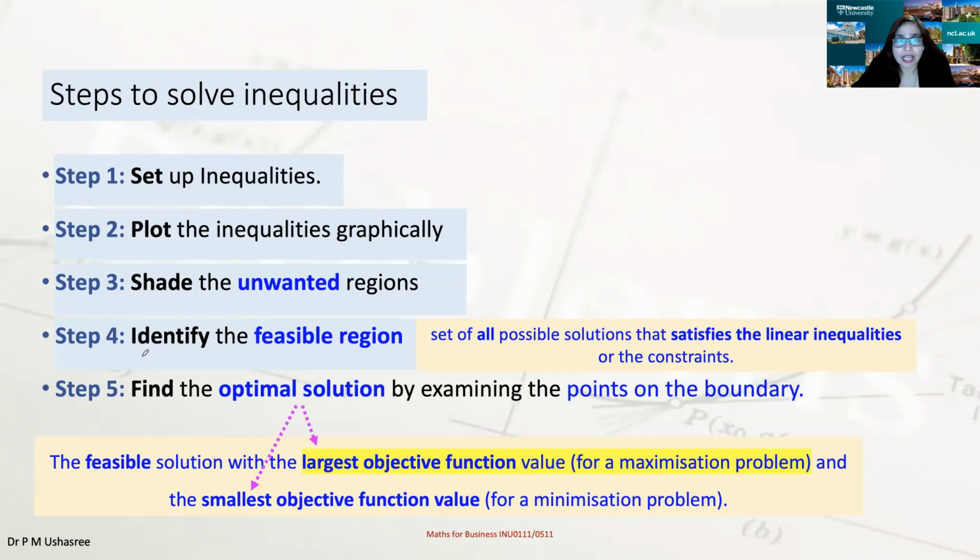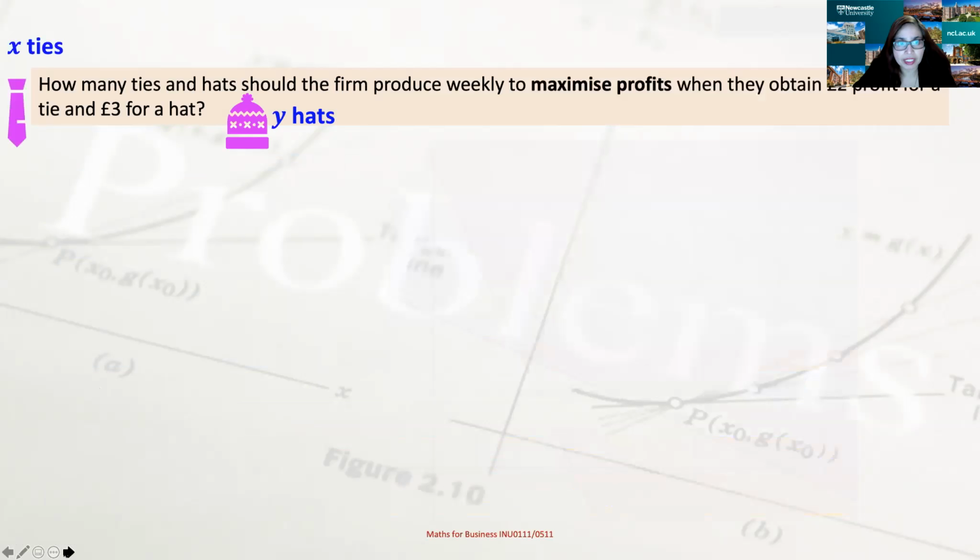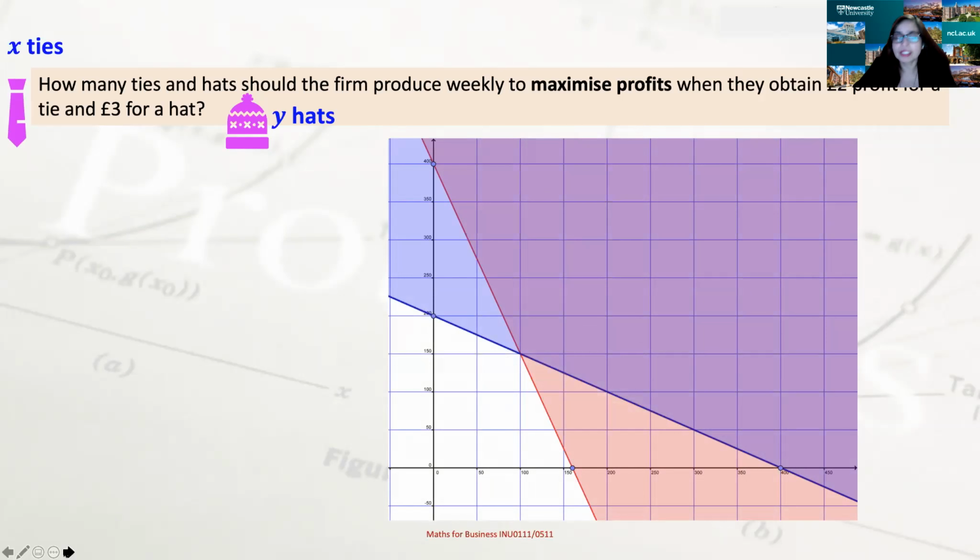So for that, we have to identify the feasible region, which you have. Feasible region is nothing but the critical region. That is a set of all the points which satisfy the linear inequalities. And you have seen that already. So now let's find the profit. Let's say P is the profit.